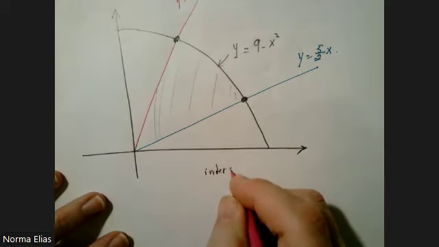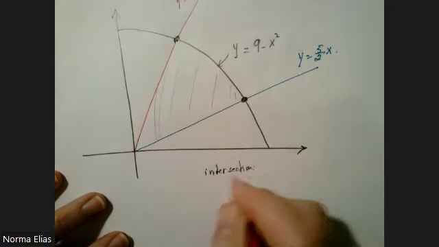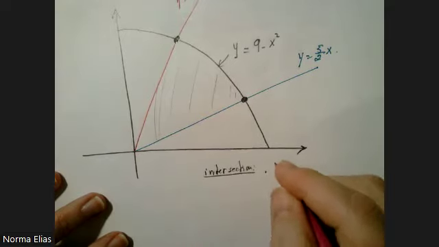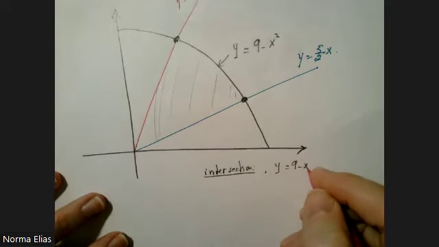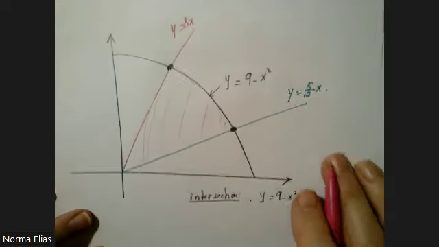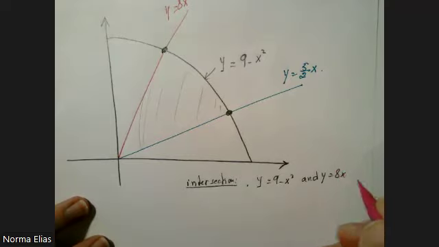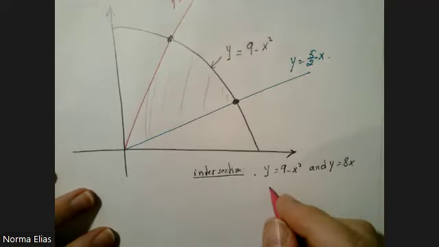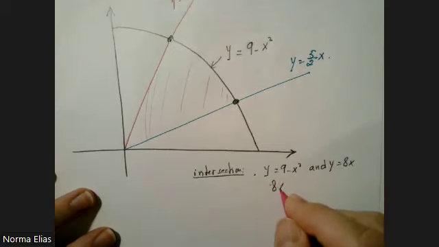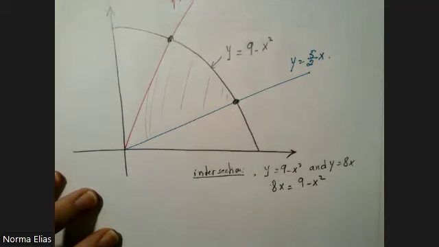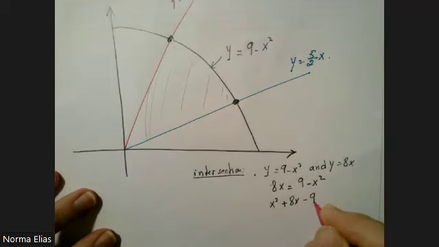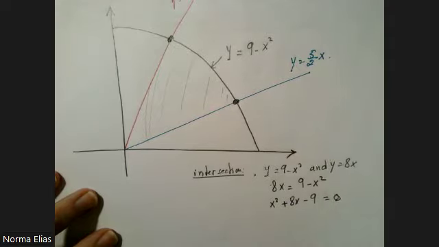And we have 2 things to worry about. So intersection, first I'm going to do between y equal 9 minus x squared and y equal 8x. So I need this intersection, all right? So I set them equal to each other. Minus x squared. And then this is gonna give me x squared plus 8x minus 9 equal to 0.